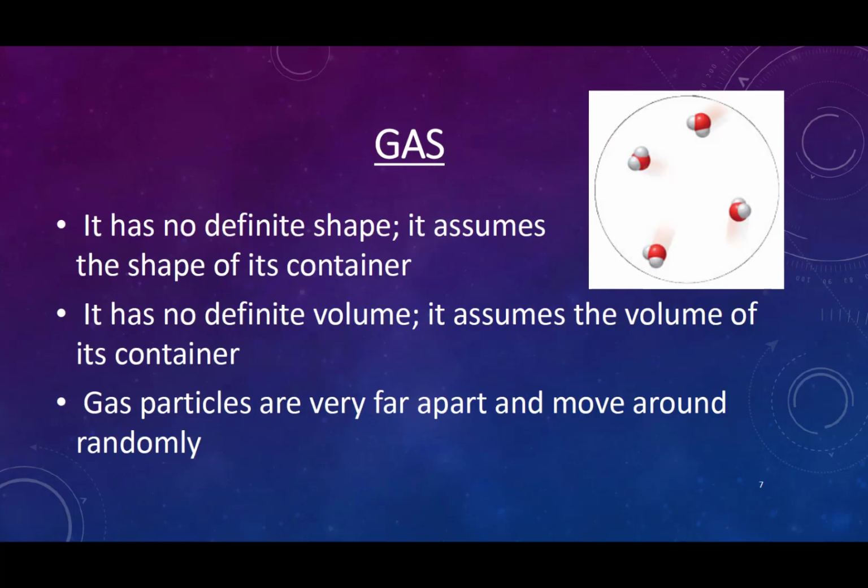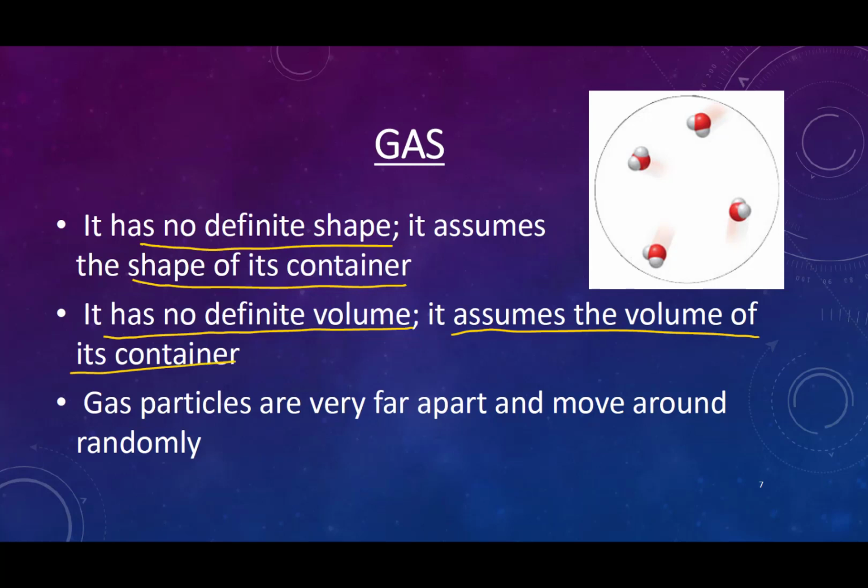Last one, gases. Gases do not have a definite shape or a definite volume. They do not have a definite shape because they take the shape of the container they are in. Also, they do not have a definite volume. They assume the volume of the container they're inside.